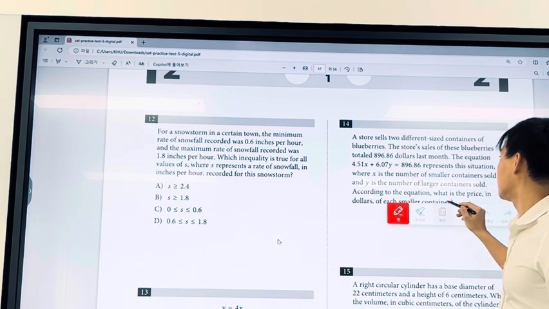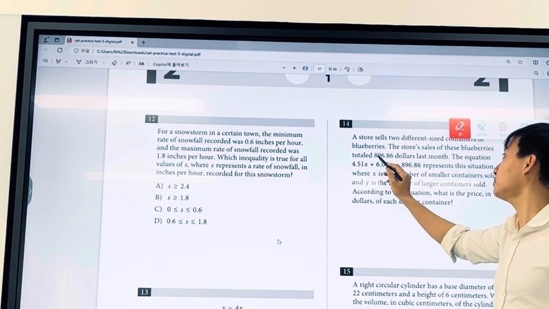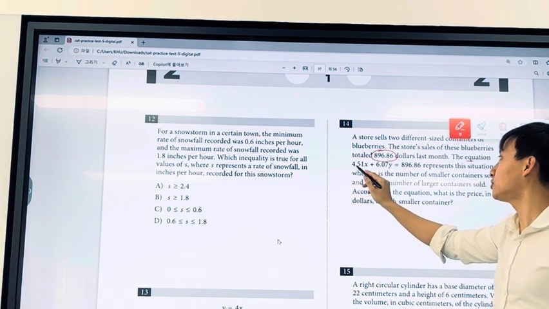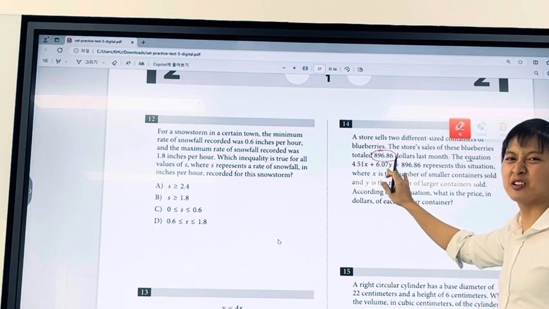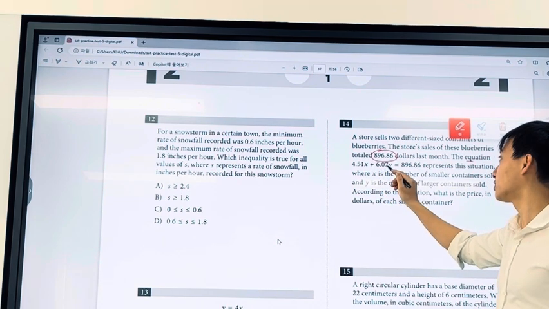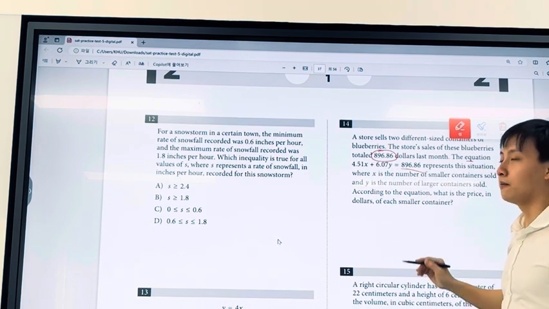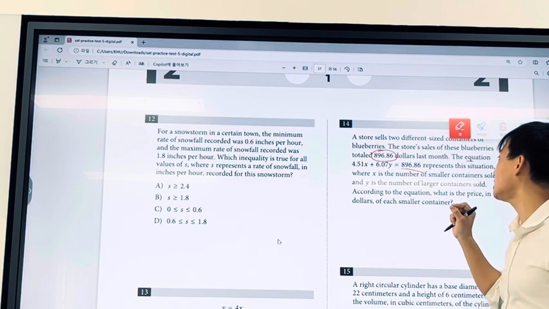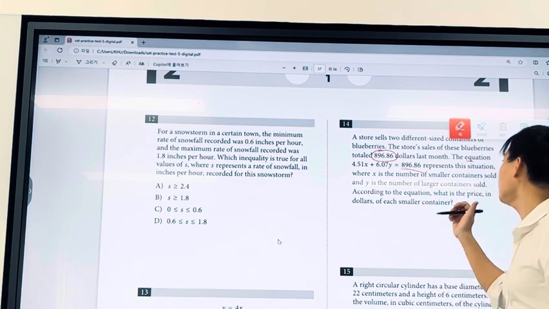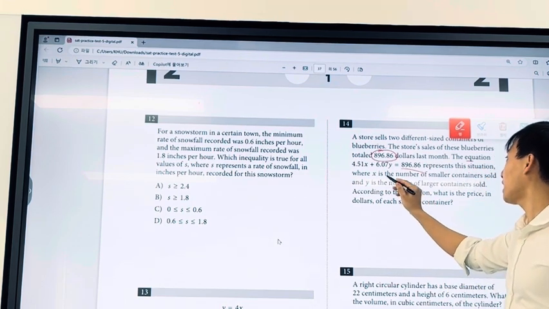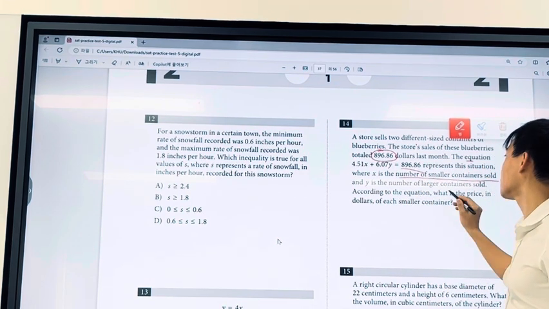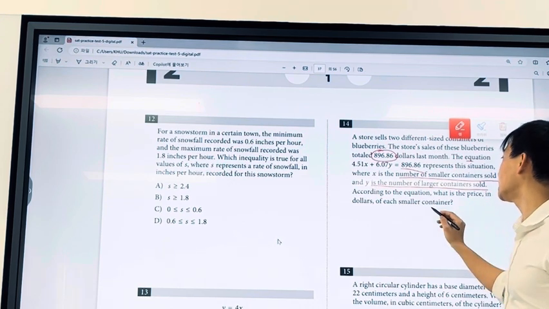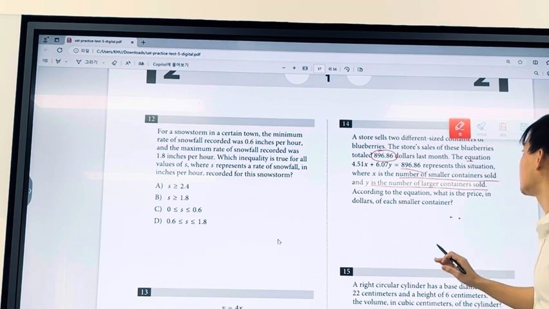Alright, for this one, the equation you're given is 4.51x plus 6.007y equal to 896.86, right? It represents the situation where x is the number of smaller containers and y is the number of larger containers. What is the price in dollars for each small container?